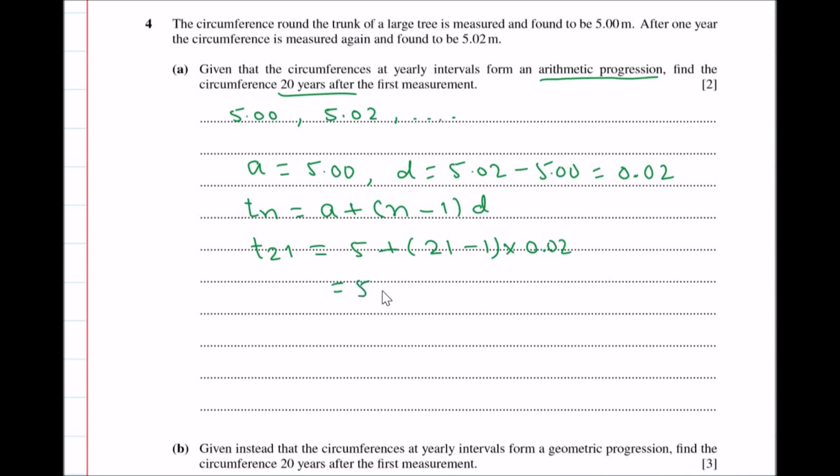So 5 plus 20 into 0.02, and that is equal to 5 plus 0.40, so 5.40 meters. That is your answer. Let's go to the next part.